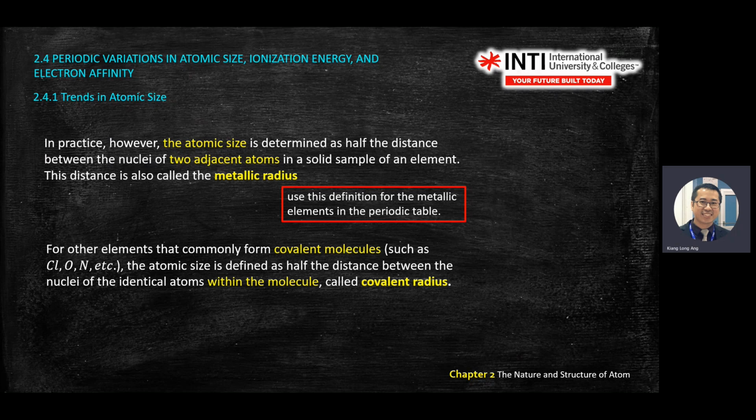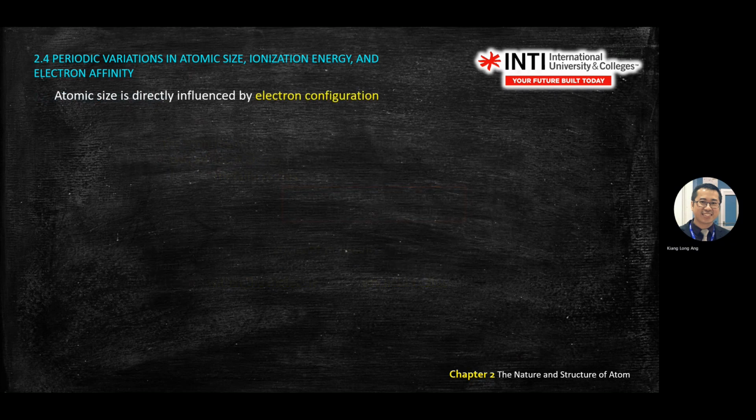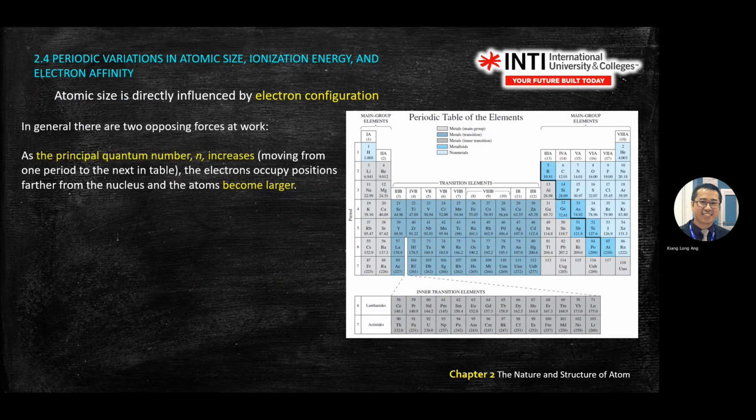So the difference between metals and non-metals is that for metal we look at atomic dimension, and for covalent bonding we look at molecules, so we look at the molecule or covalent radius. Okay, the rest you read.